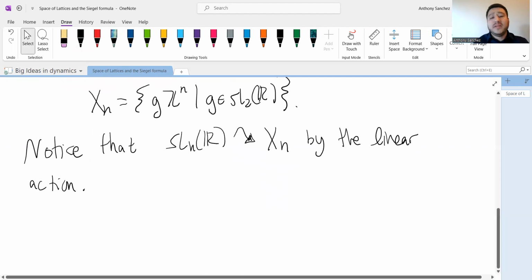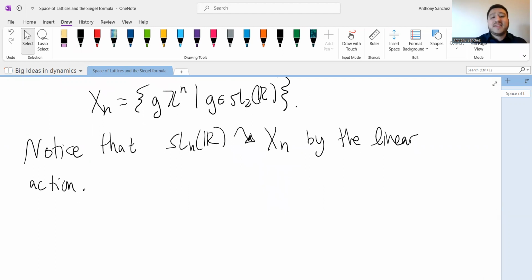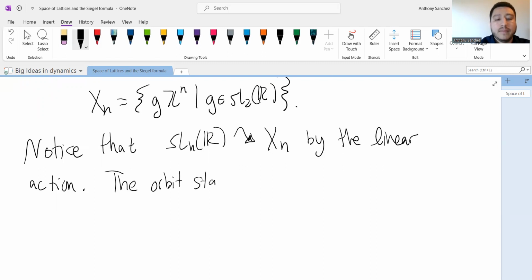And so now I want to utilize the orbit stabilizer theorem that says that anytime I have a group acting on a set, I'm able to identify what this set is. So the orbit stabilizer theorem says that I can identify this space.